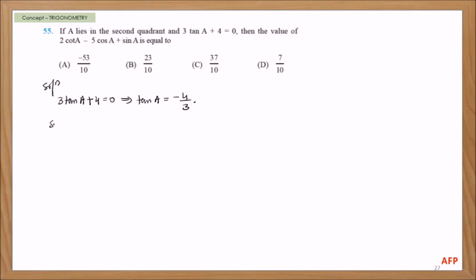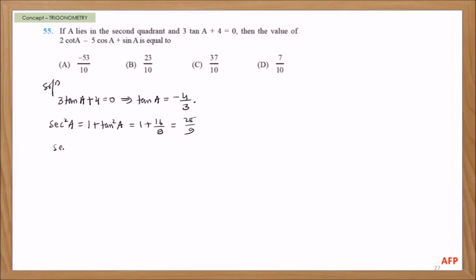Okay, secant square A is equal to 1 plus tan square A. This simplifies to 1 plus 16 by 9, which is nothing but 25 by 9 here.